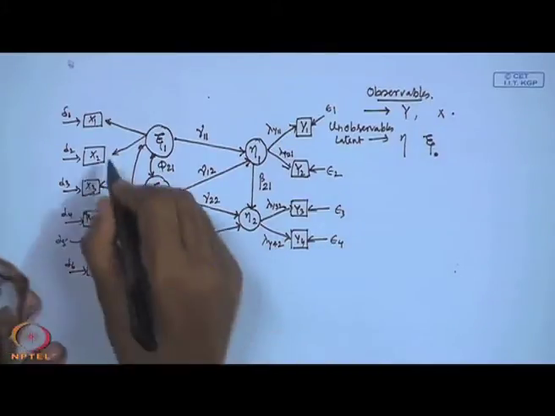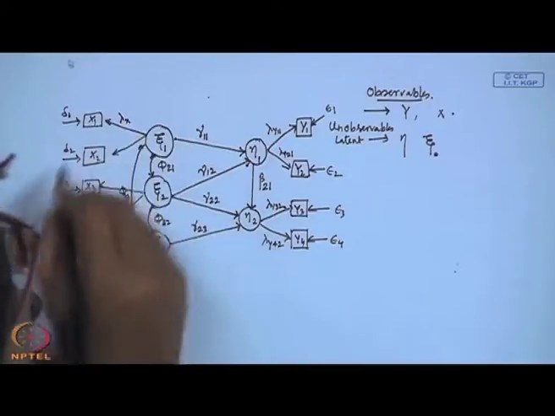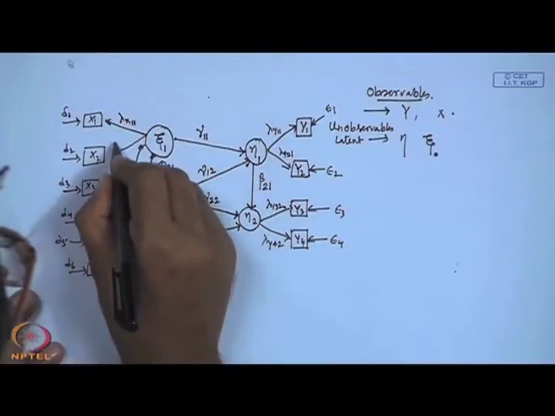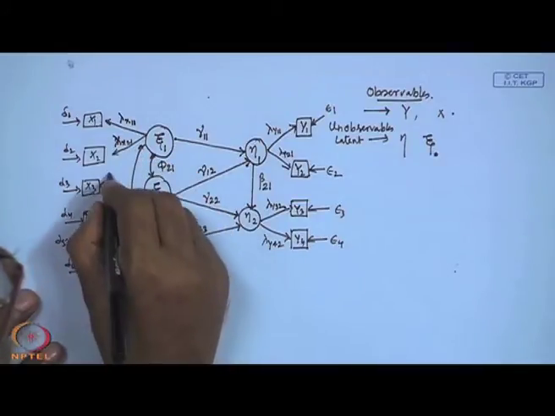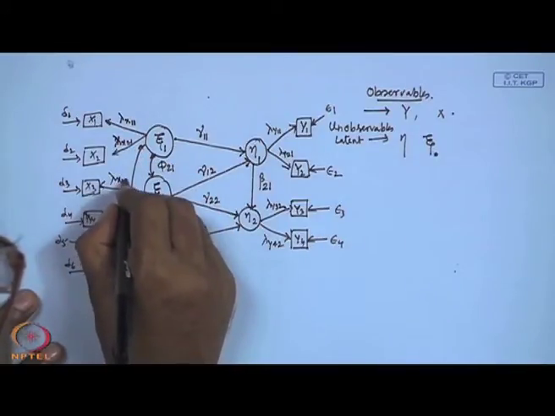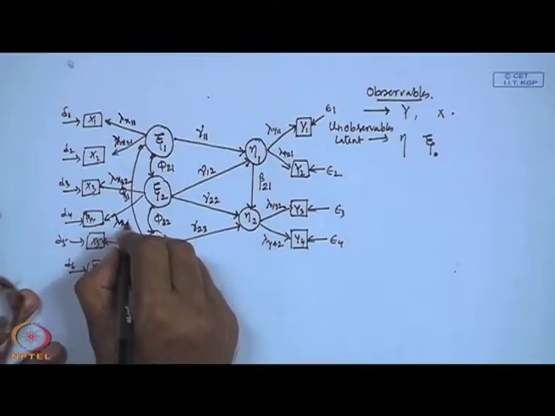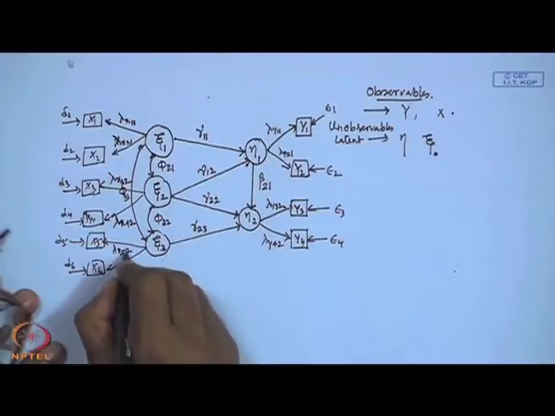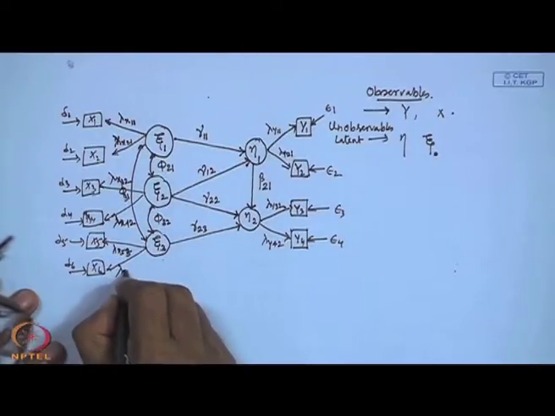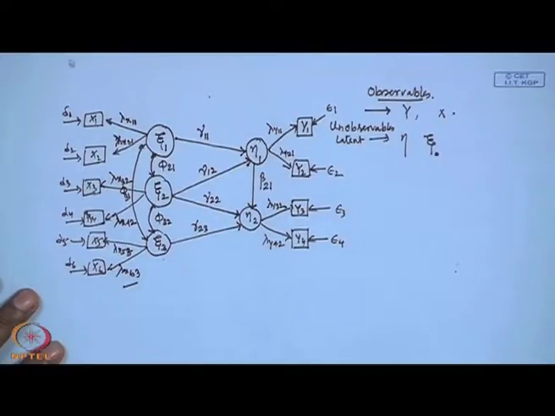We write lambda x 1 1, lambda x 2 1, lambda x 3 2, lambda x 4 2, lambda x 5 3, lambda x 6 3. Okay.